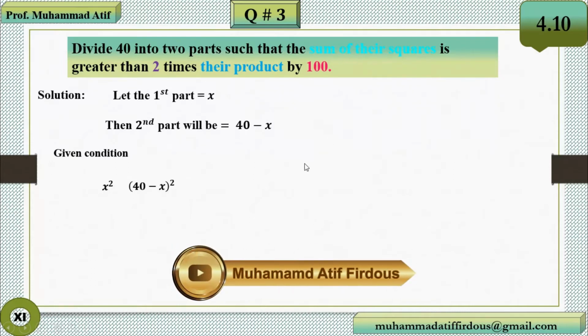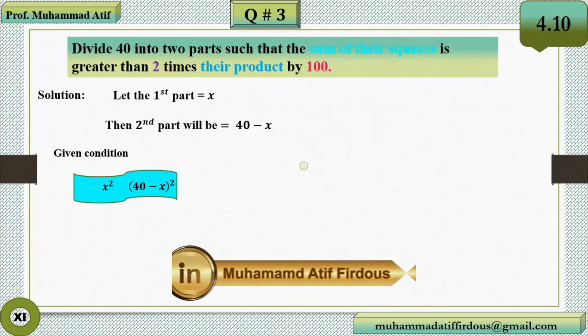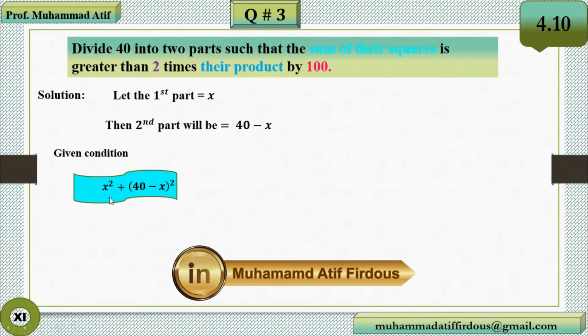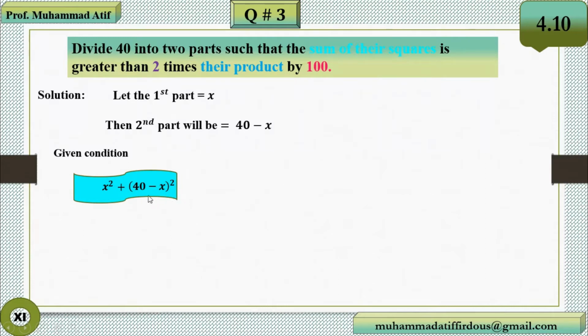Sum of their squares means you have to take the sum of these numbers. So write this as x square plus 40 minus x whole square. You can see the color and language in the word problem. So I am following the color language also to decode this question.